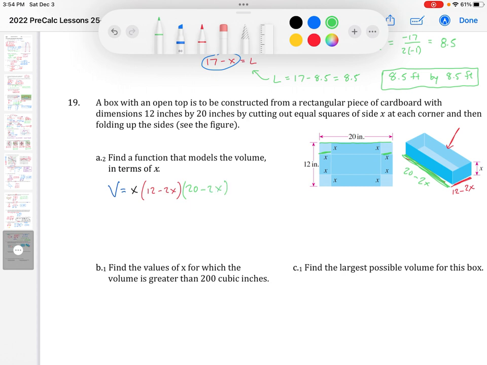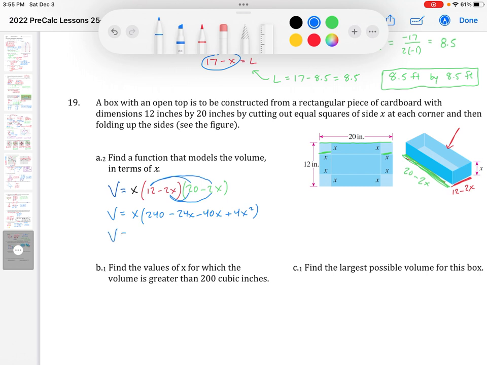So the volume is going to be given by this. So now we're going to have to FOIL this back part. So this X I'm going to leave alone for now. 12 times 20 is 240 minus 24X minus 40X plus 4X squared.